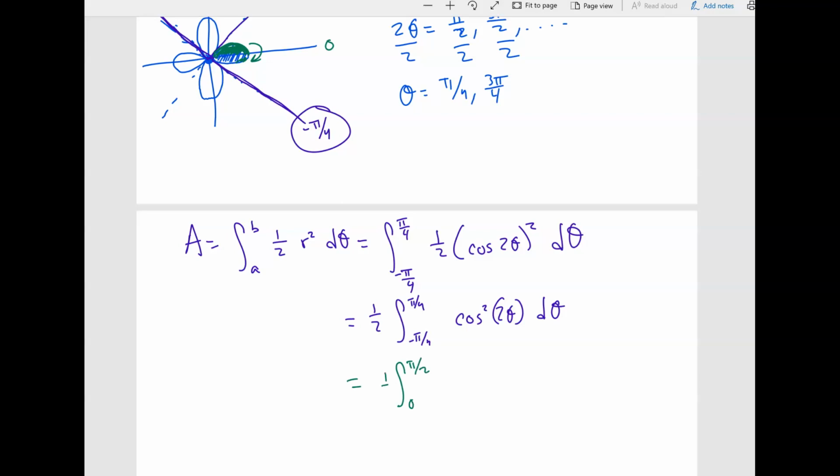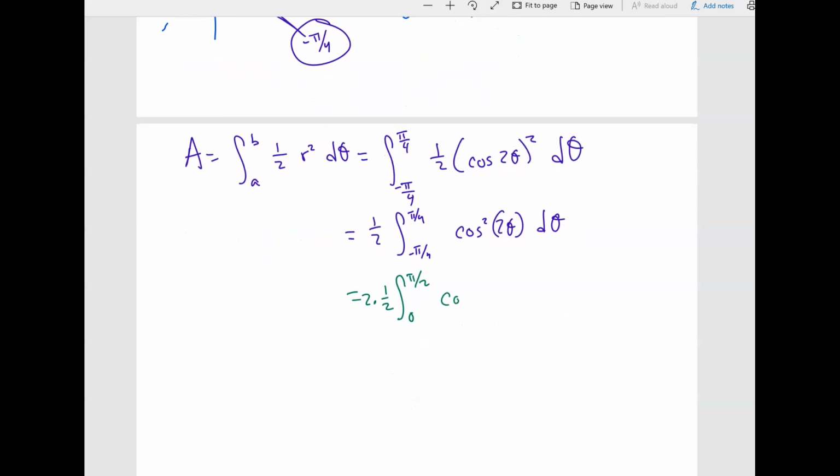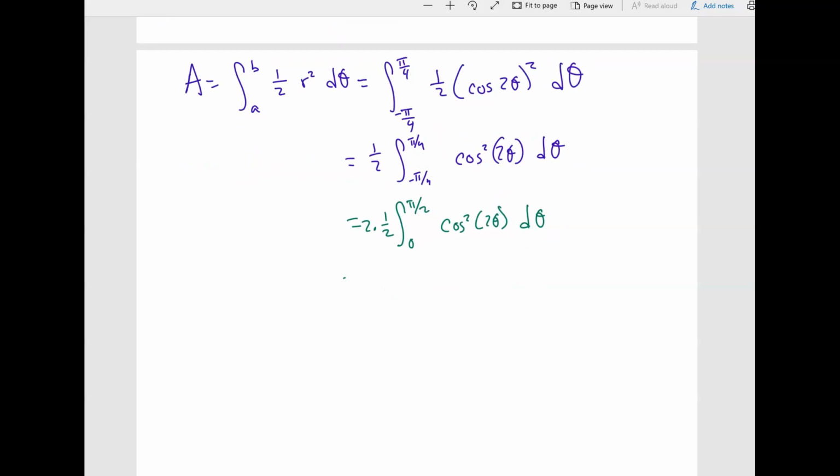You have this 1/2 on the outside, and I'm going to multiply by 2, and then I have cosine squared of 2 theta d theta. So this is going to go away. So you're just going to have the integral from 0 to pi over 4 of cosine squared 2 theta d theta.